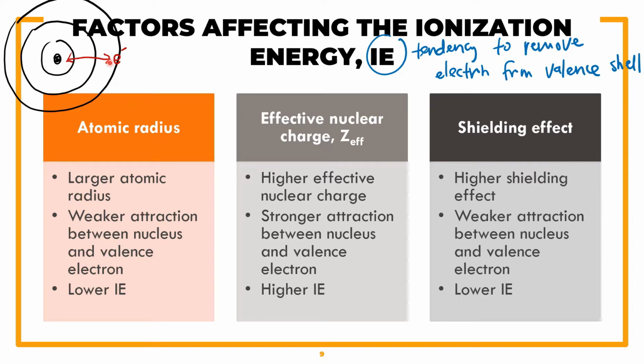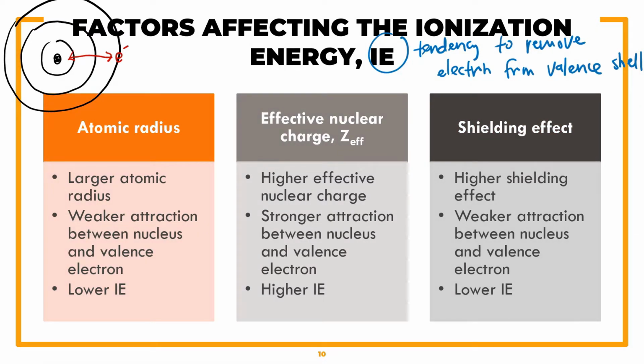So bila attraction between them is weaker, maka this electron can easily be removed from the system. According to IE adalah energy yang diperlukan. Okay, energy required to remove this electron. So apabila elektron ini mudah untuk keluar, bermaksud tenaga untuk IE akan jadi rendah.